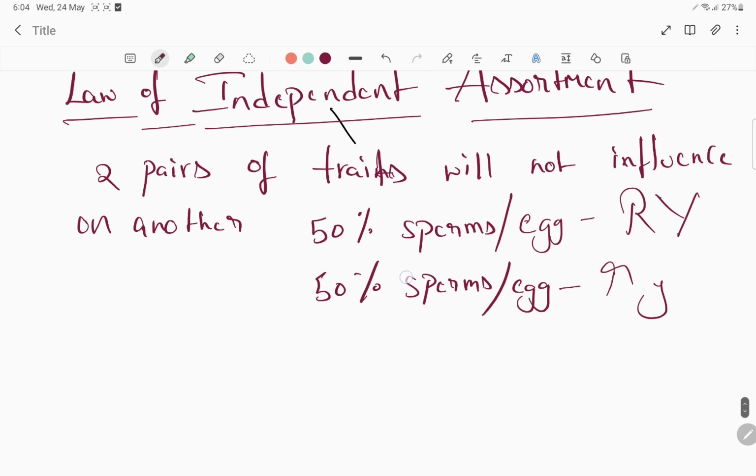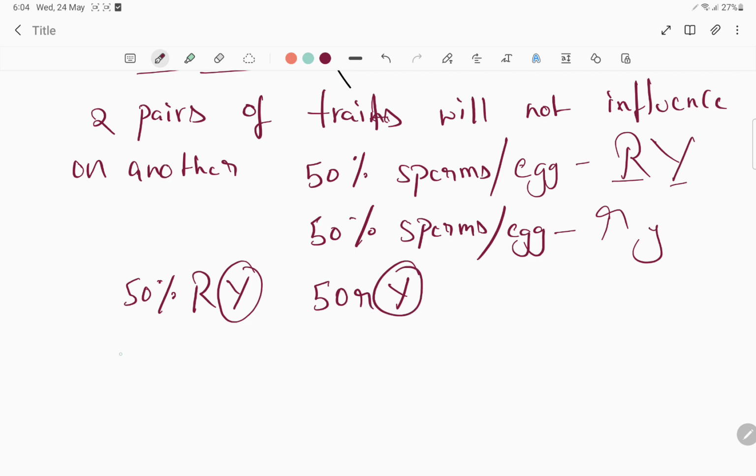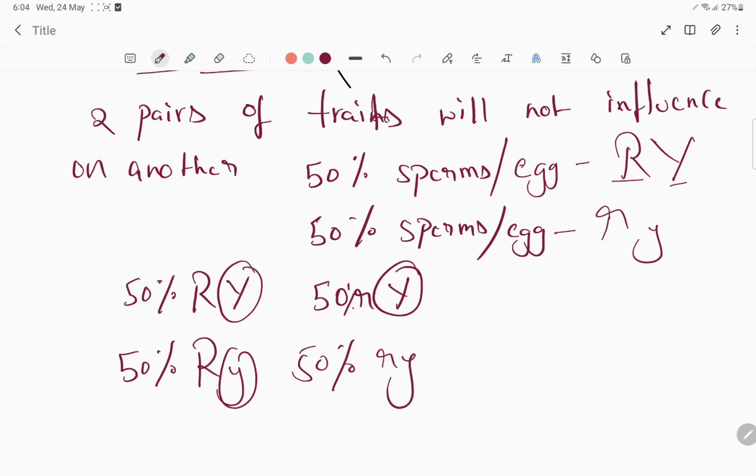So 50% of the capital R's will have capital Y and 50% will have small y, and 50% of small r's will have capital Y and 50% will have small y.